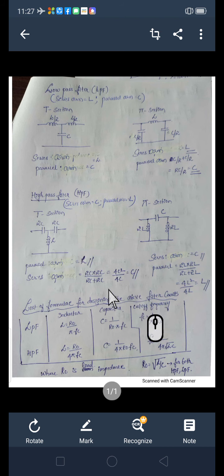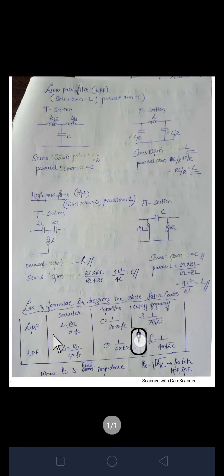Next, these are the formulae you can get here. For low pass filter, the calculation of L is given by R0 divided by pi Fc, C is given by 1 divided by R0 into pi Fc, and the cutoff frequency is given by Fc equals 1 divided by pi root LC. Either this is asked or this is asked or this is asked. This is for low pass filter. Similarly, this is the high pass filter formula. Go through these thoroughly.